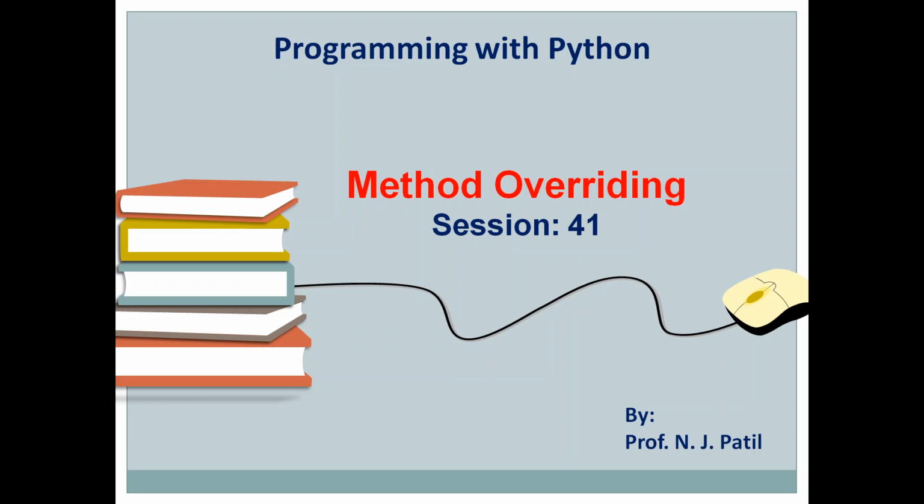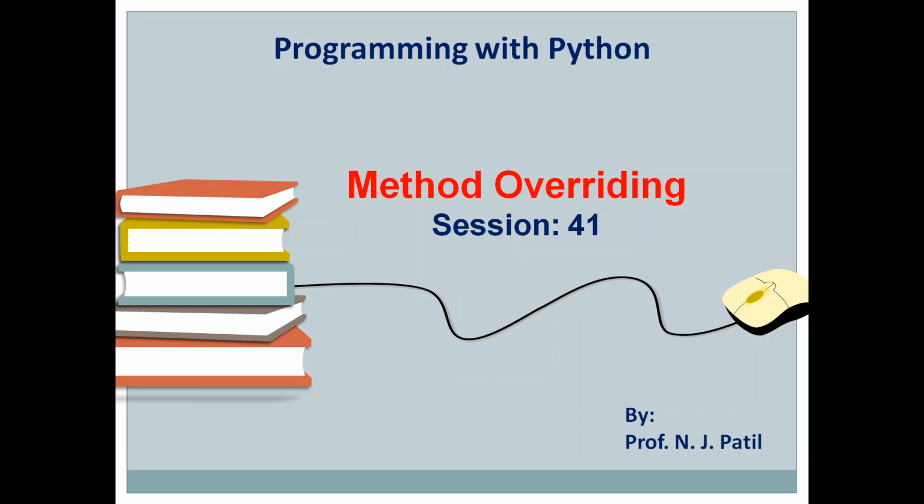When we inherit a class in a subclass, all the methods of the parent class are available in the child class. But if a child class wants a specific implementation of the methods inherited from the parent class, then the child class can redefine those methods.